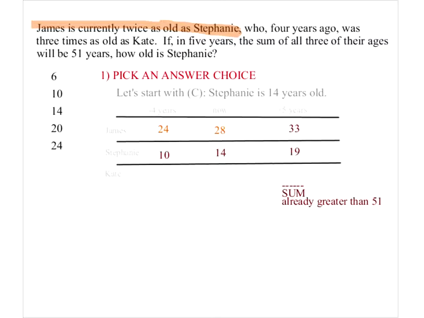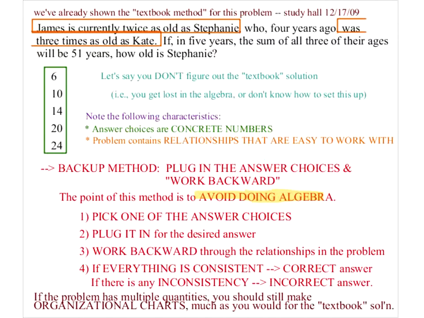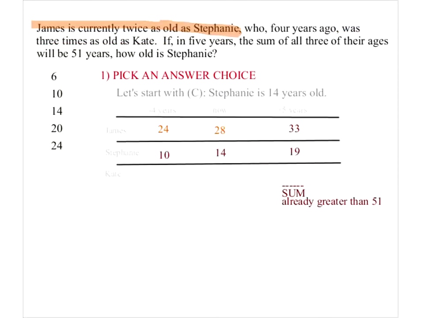So that's pick an answer choice, and then in this table we're doing these next couple of steps. Plug it in, work backward. So let me point to those in this particular chart here. Step 2 is plug the choice in. That is happening at this place right here. And then everything we're doing in orange in this chart is finding the relationship.